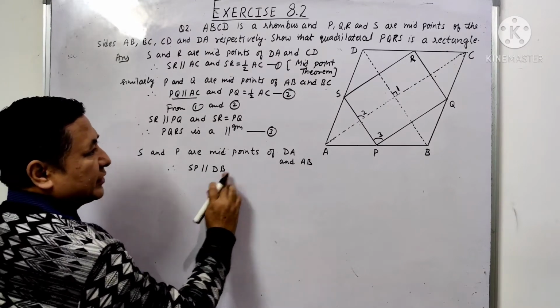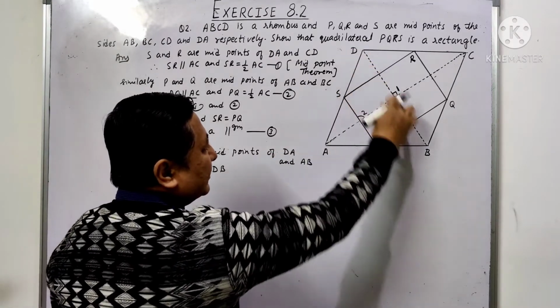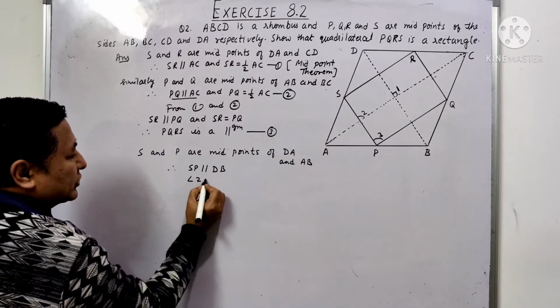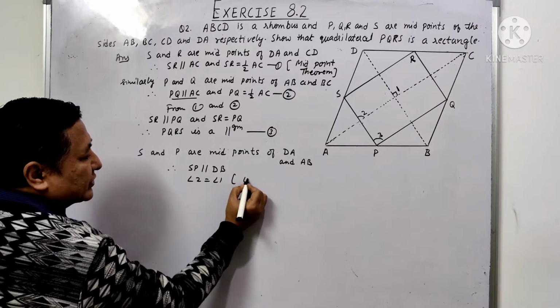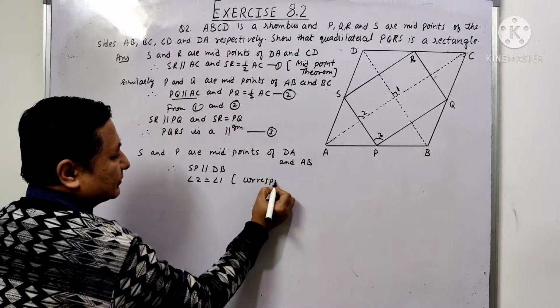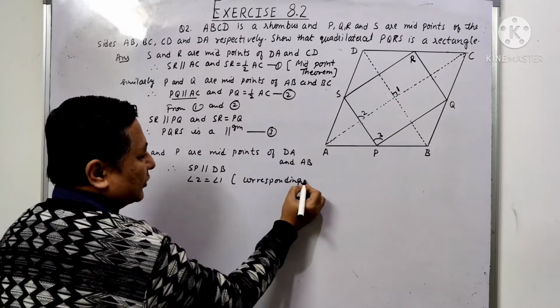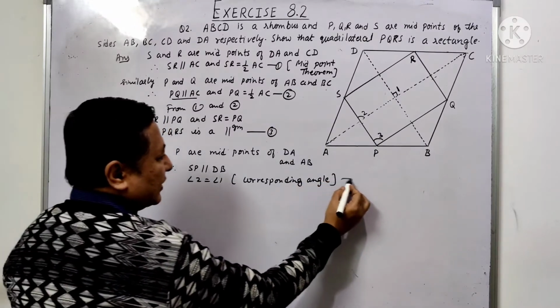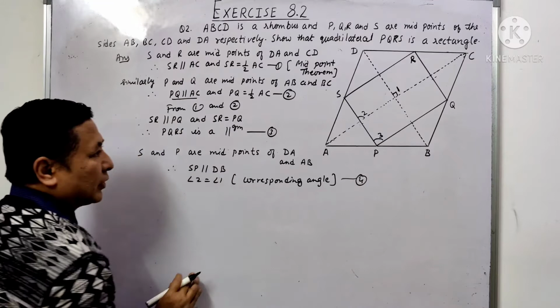So now SP and DB are parallel. So angle 2 is equal to angle 1, and the reason is corresponding angles. Now this is marked as equation number 4.